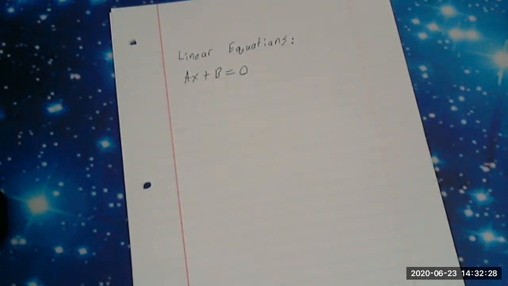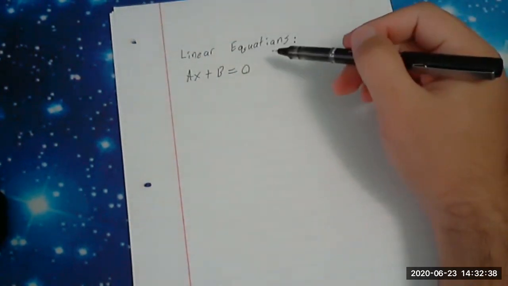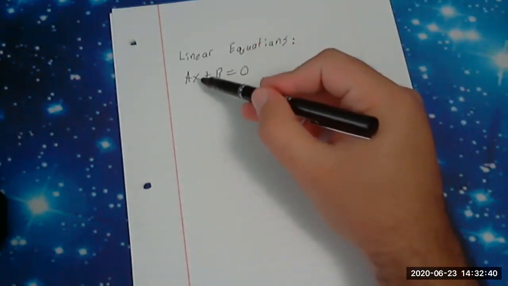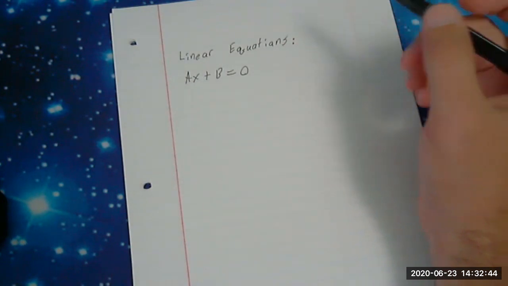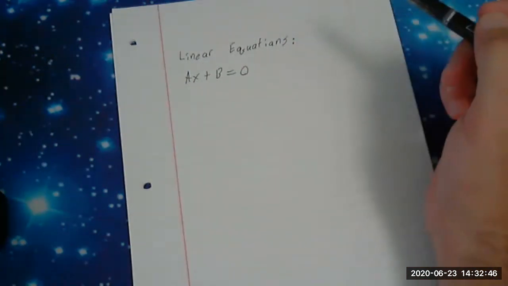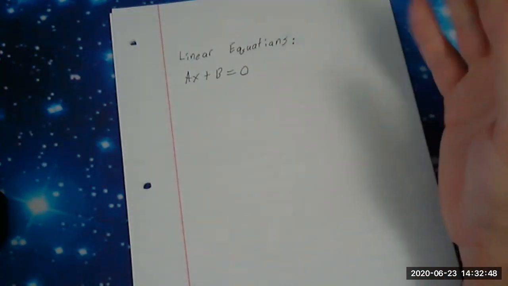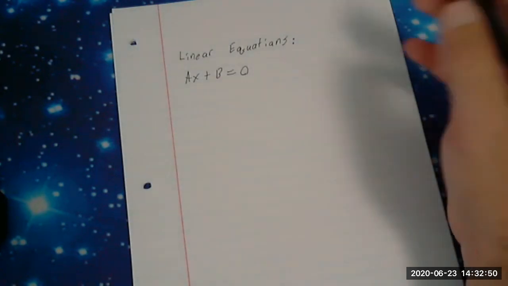You might have to combine like terms, switch some things around. But you can always condense things down into something that looks like this. And so again, linear in the variable x. A and b are just numbers, coefficients.